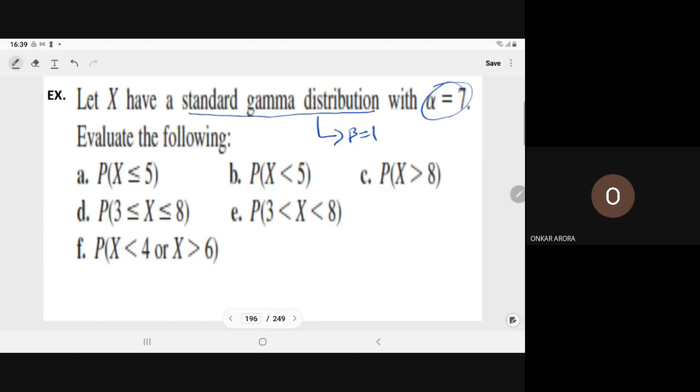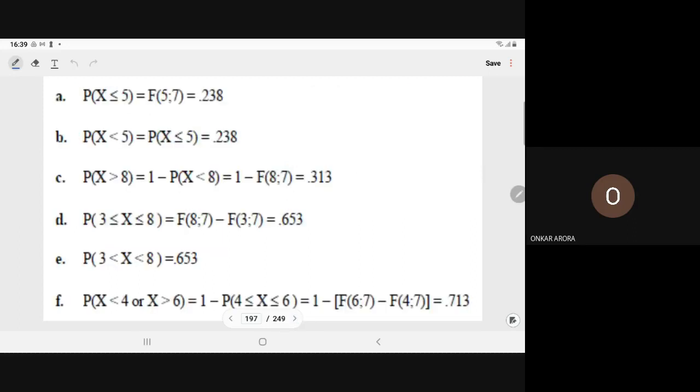Please look at the table at least once, because in the exam we have seen you are not able to determine the value. X less than or equal to 5 is the CDF at 5 for alpha equal to 7. Directly we have the table in your book, and its value is 0.238.